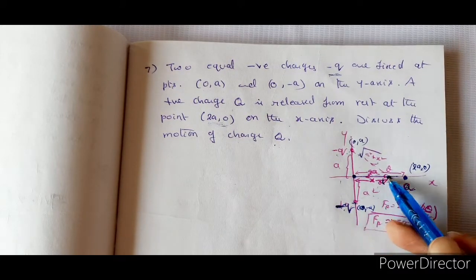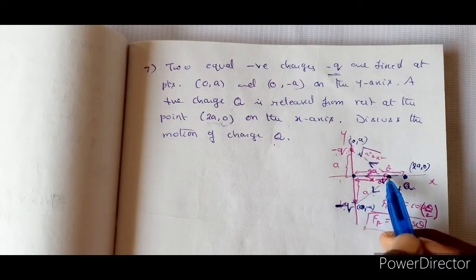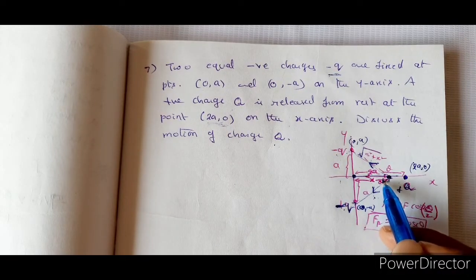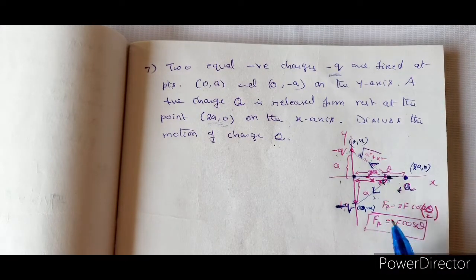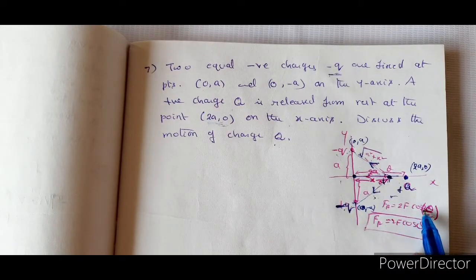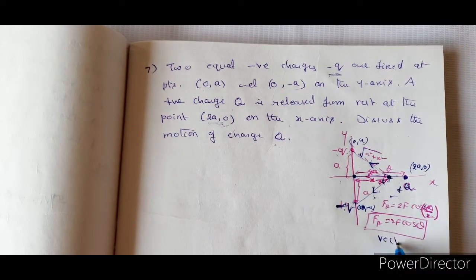That means 2 forces are acting on the same body. These 2 are of equal magnitude, and the angle between them is 2 theta, theta plus theta. You know very well that Fr is equal to 2F cos 2 theta by 2, and the 2 will get cancelled, so it is 2F cos theta. Whatever the vector part is, that is done.